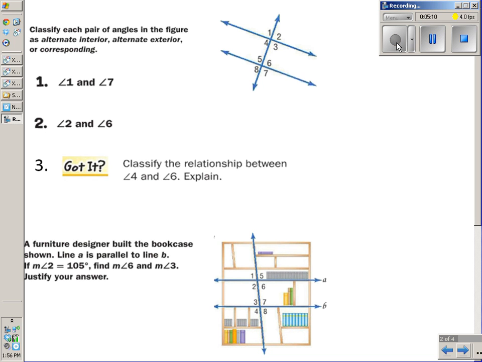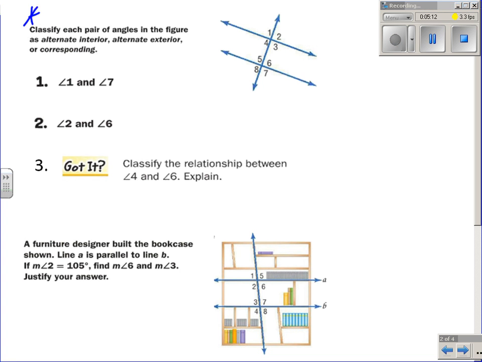All right, so go ahead and copy down these instructions at the top that say to classify each pair of angles in the figure to the right as either alternate interior, alternate exterior, or corresponding. And we went ahead and listed the definitions for each of those on the page before this.